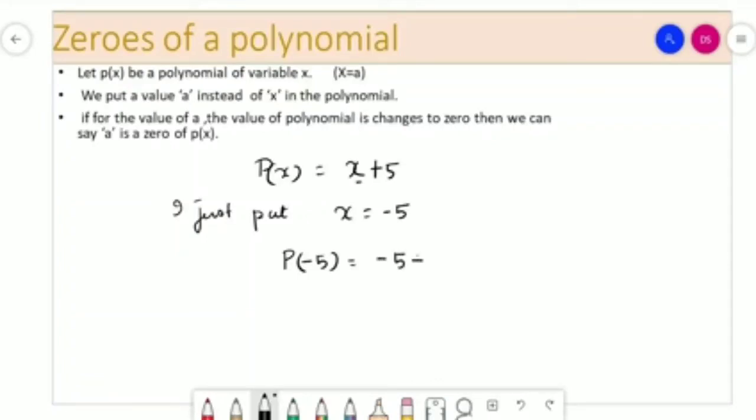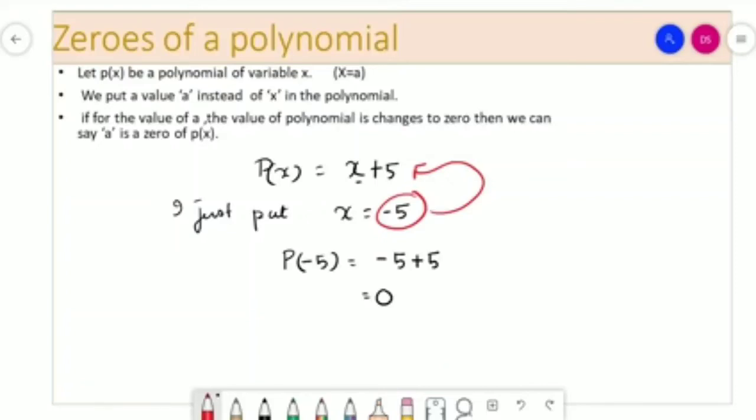Minus 5 plus 5. So the value becomes 0. So here we can say that minus 5 is the 0 of polynomial p(x), that is nothing but your x plus 5. Okay.